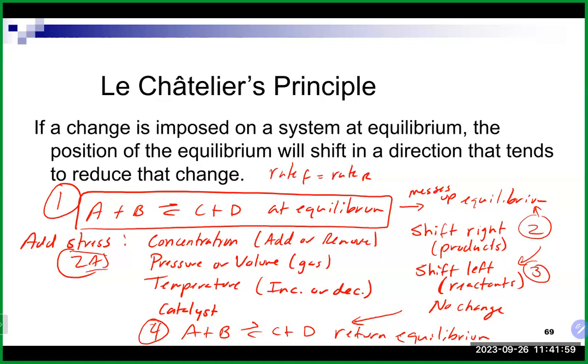All right, so let's talk about each of these individually here. So I'm just going to freehand it here, a little concentration action. With concentration, there's really two things that we could do. We could add more, either more reactants or more products.